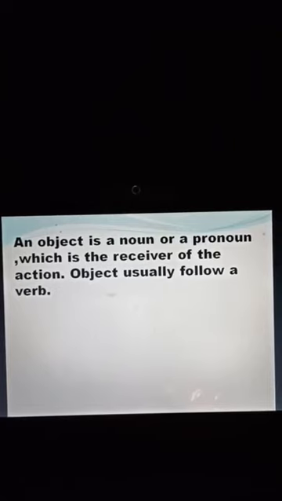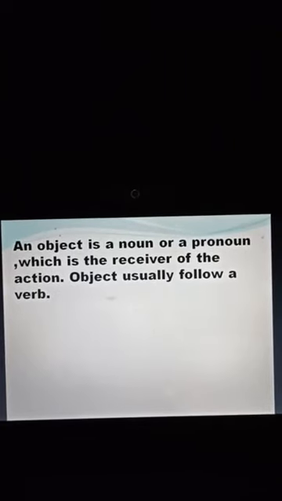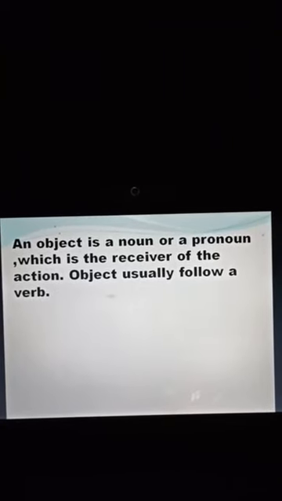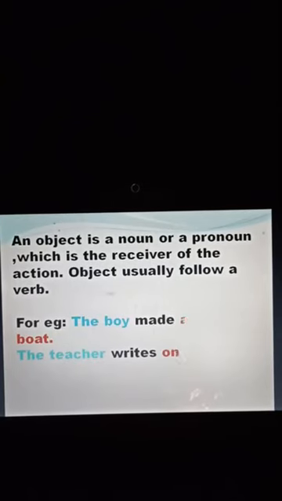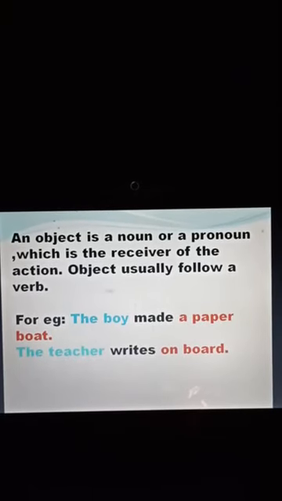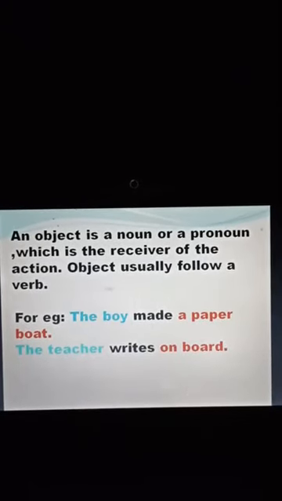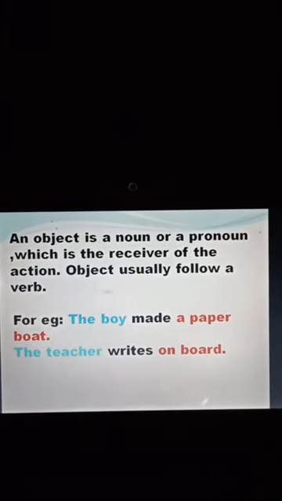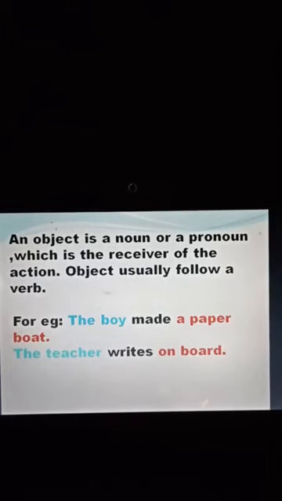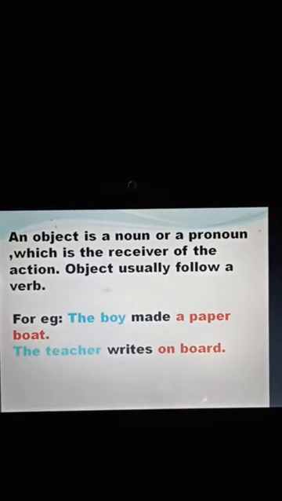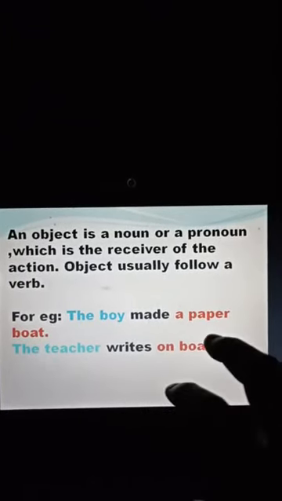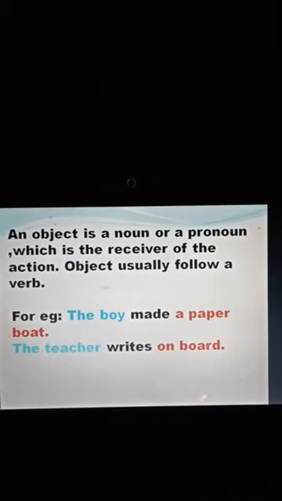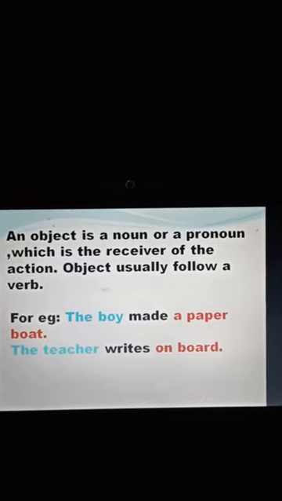So this is a sequence: first subject, then verb, and then object. For example, the boy made a paperboard. The boy is the subject, made is the verb, a paperboard is the object. So subject, verb and object follow each other.